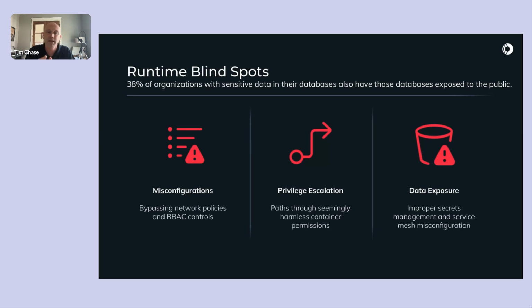You can see as we walk through this, a misconfiguration of the network policy or the RBAC controls could potentially lead to a privilege escalation, right? If somebody is able to gain access into your environment because something is misconfigured, then they can escalate their privileges once they get in, because we all know that once somebody is in, we don't always know what access they have.